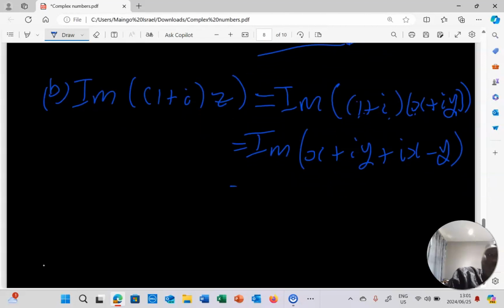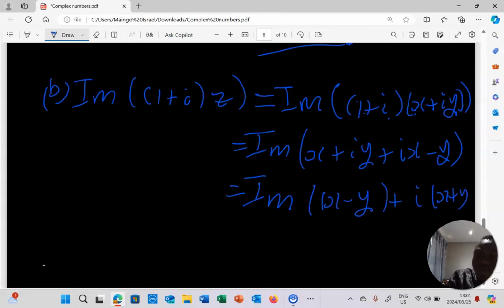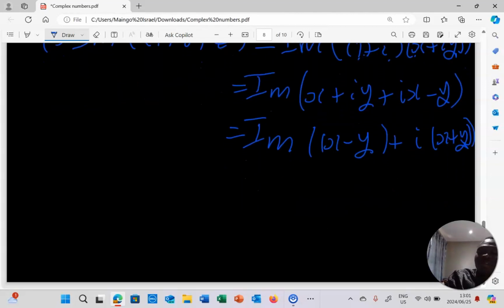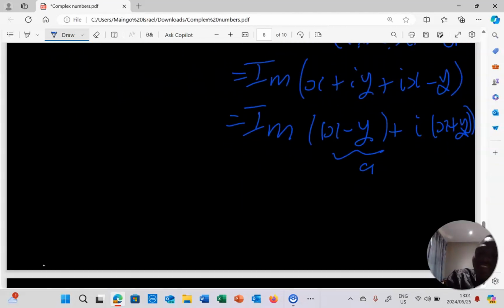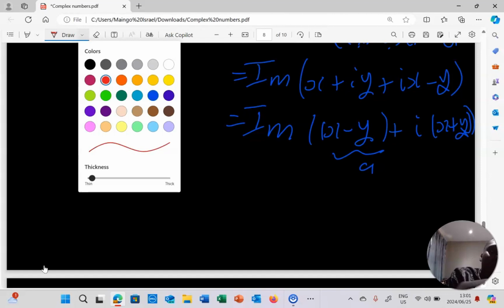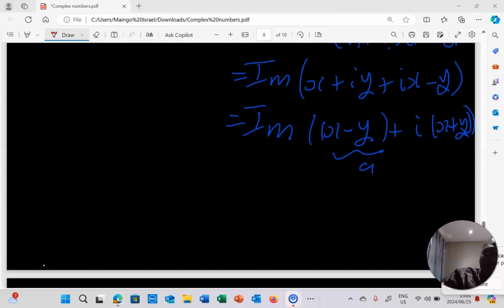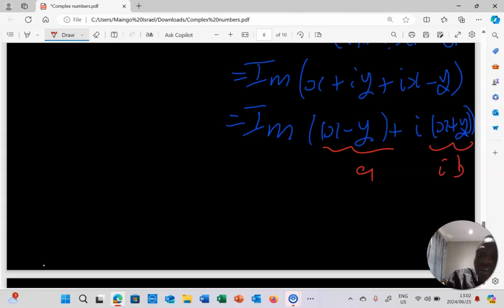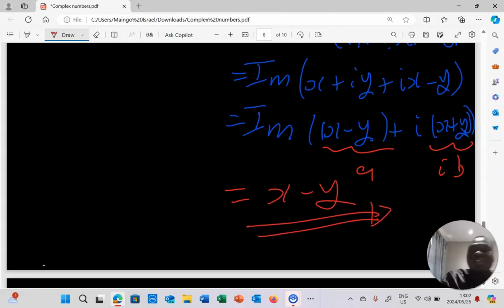So this would be equal to the imaginary part of x minus y together, but plus i times x plus y together. But you know that this is just an a, and this one is just an ib. So the imaginary part of this is just x minus y, and that's how simple it is.